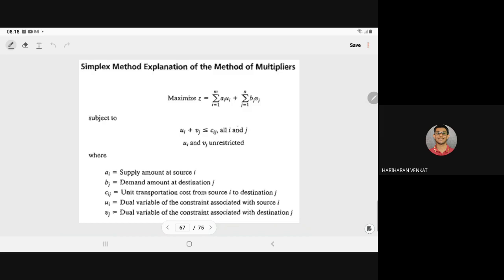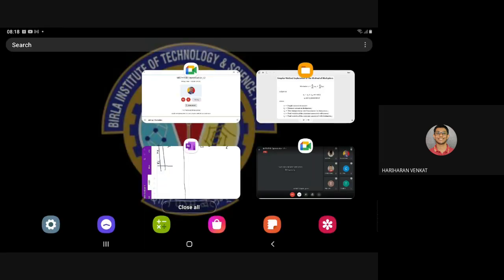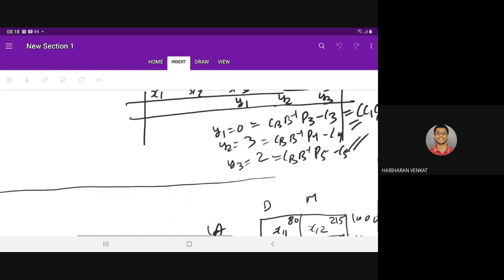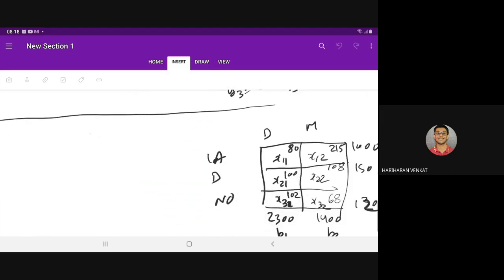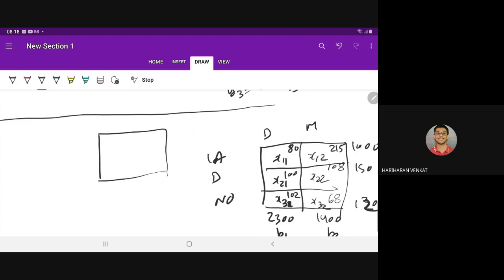Now, as I have told you, the transportation problem is a special case of the linear program. In the beginning, I told you how to write a given problem as a linear program. So here we have the transportation problem. Let us understand it by a 3 by 3 example.